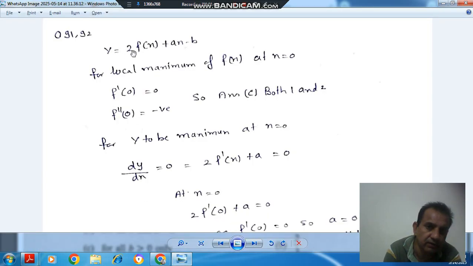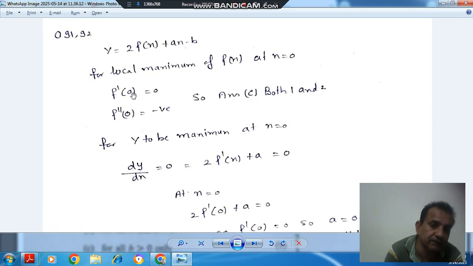So as y is given as 2f(x) plus ax minus b, and f(x) is given and there is no particular value of f(x), and it is given that it is a local maximum at x equals 0. So when it is a local maximum at x equals 0, then f dash 0 should be equal to 0, and it represents maxima or minima.